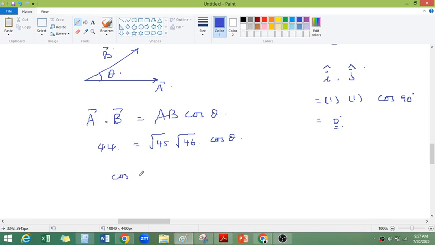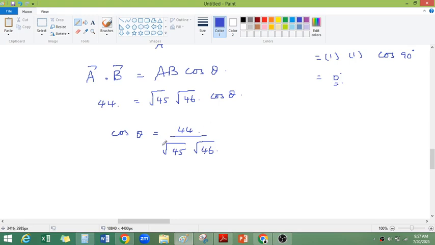So cos theta is equal to 44 divided by root of 45, root of 46. That's all. So that's your answer. If I want theta, I can say cos inverse of this, and if you simplify it you will get the answer.